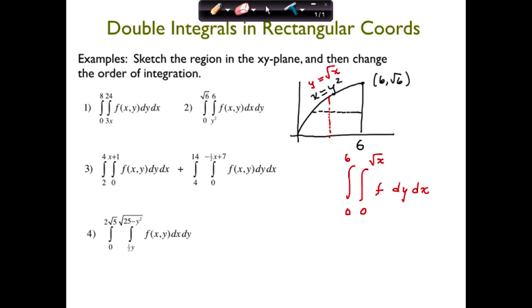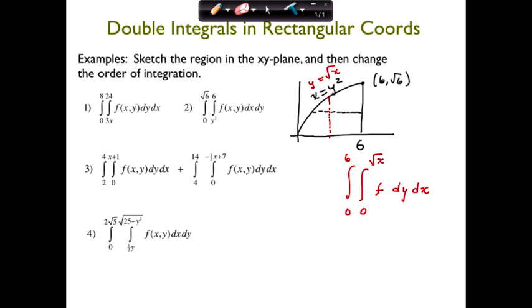For number 3, this represents all one region, right? When you draw the region, there's one region that you're drawing. It just needs to be split up when this is the order of integration. So you don't draw 2 different regions. Draw all one region, one graph. Once you look at it as one region, you can use the most efficient way when you change the order.